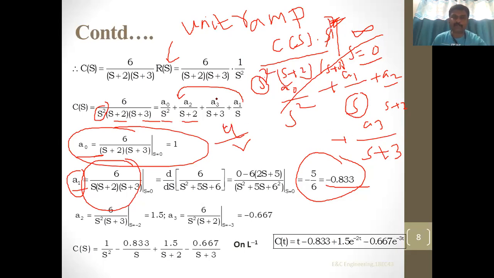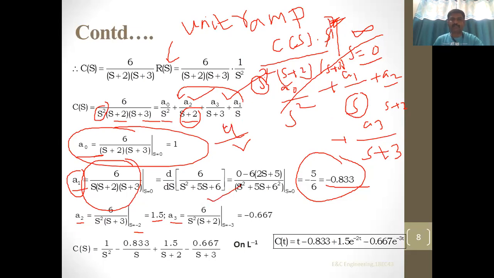Look, for A2 and A3 there is no change. We shall use the same method. How do we get this A2? 6 divided by s square into s plus 3, because we have to avoid this s plus 2, at s is equal to minus 2. After substitution, what shall we get? 1.5.